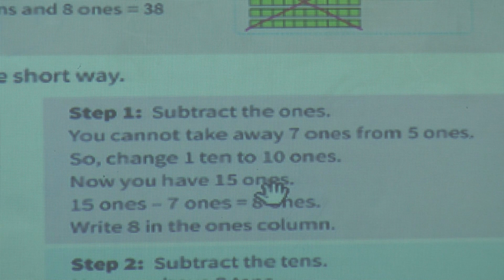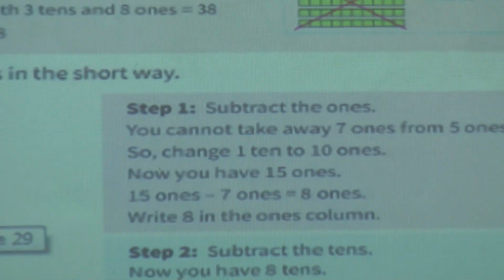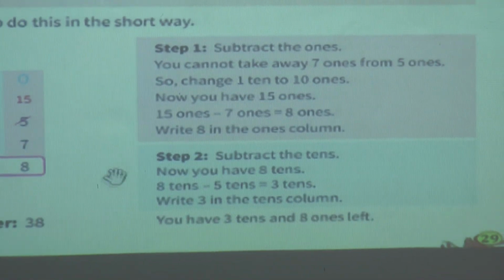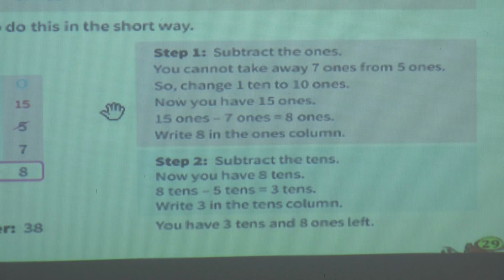Now you have 15 ones. So 15 ones minus 7 ones is equal to 8 ones. Write 8 in the ones column. Then subtract the tens. Now you have 8 tens. 8 tens minus 5 tens is equal to 3 tens. Write 3 in the tens column. You have 3 tens and 8 ones. In this way you can do.